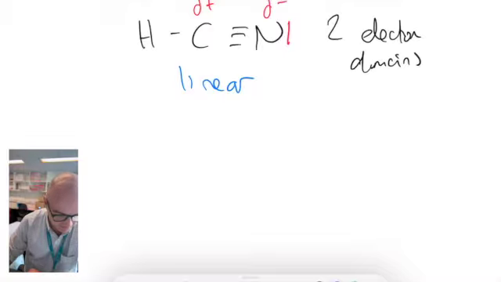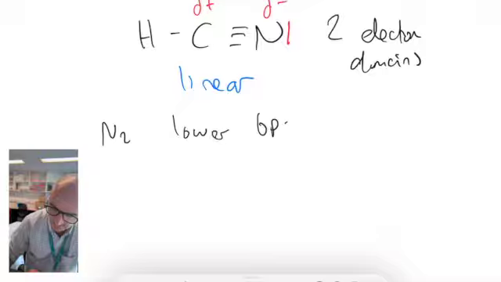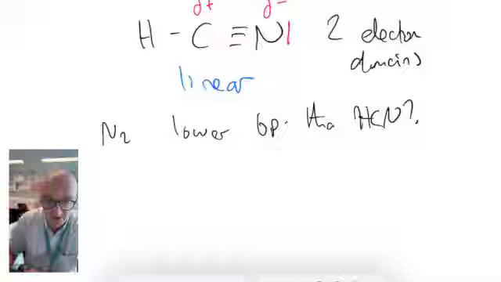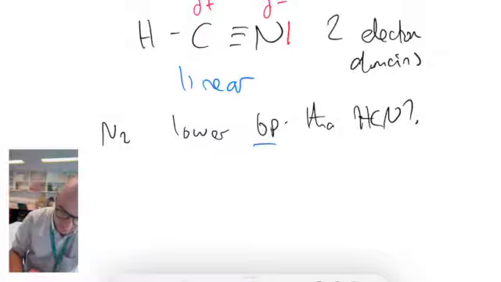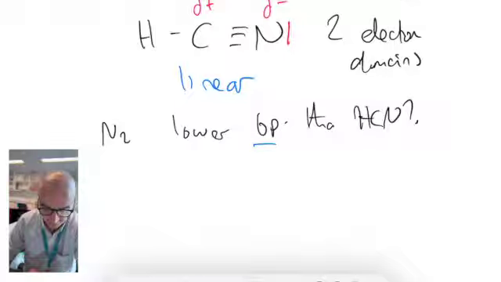Next question, explain why nitrogen gas has a lower boiling point than HCN. Whenever we hear the words boiling point, we immediately think of our intermolecular forces.